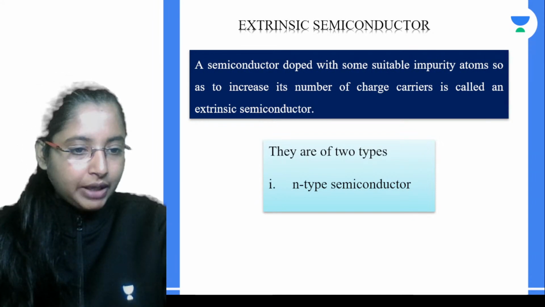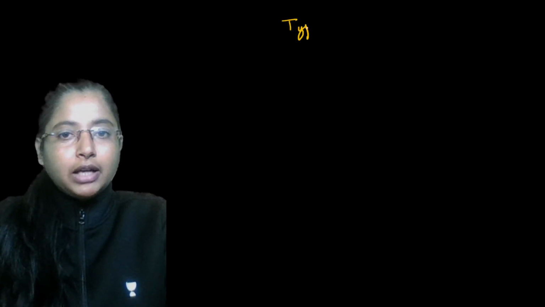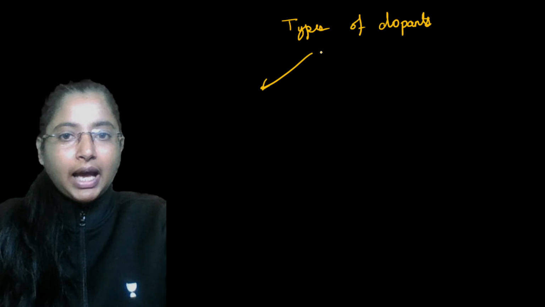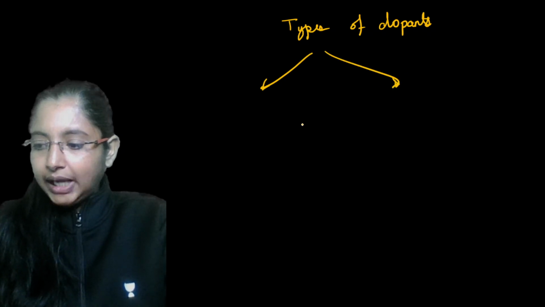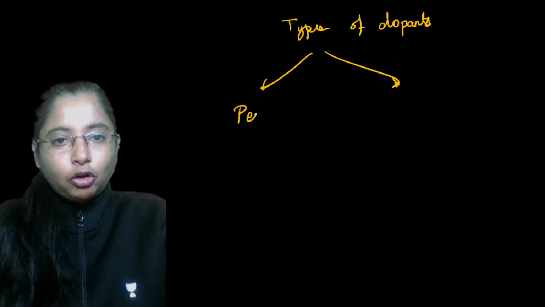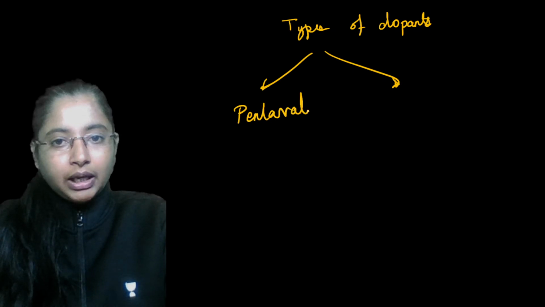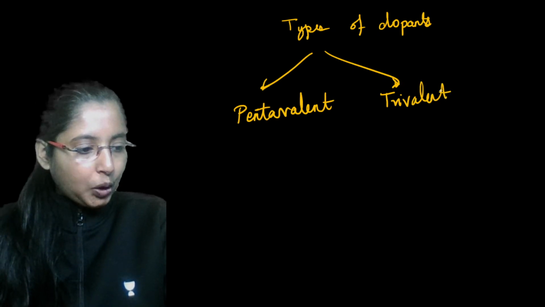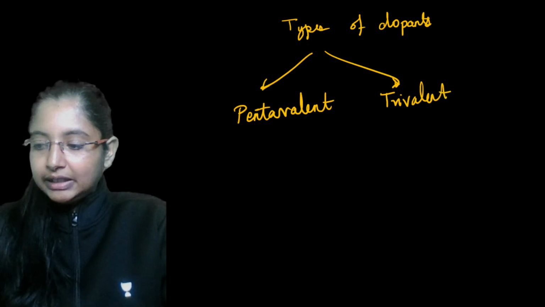These types depend on the types of dopants. If they ask you what the types of dopants are, there are actually 2 types. One is a pentavalent dopant, another is a trivalent dopant. Very simple.